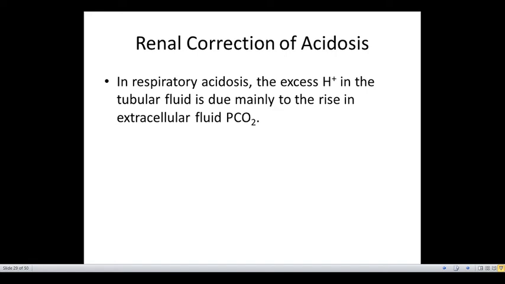On the other hand, in respiratory acidosis, the excess hydrogen ions in the tubular fluid is mainly due to the rise in the extracellular fluid partial pressure of carbon dioxide.